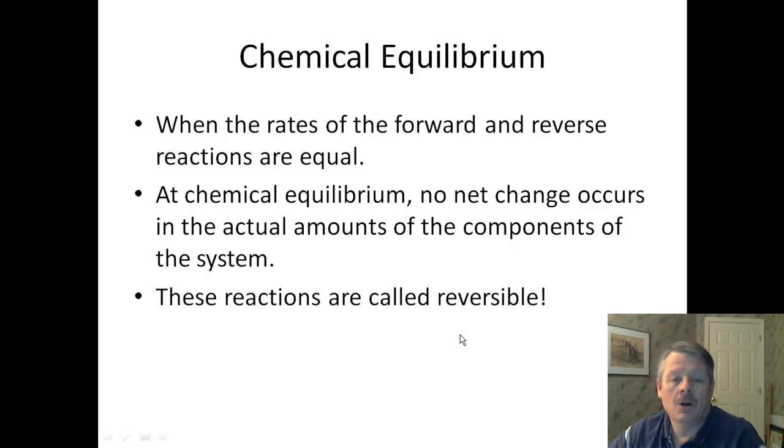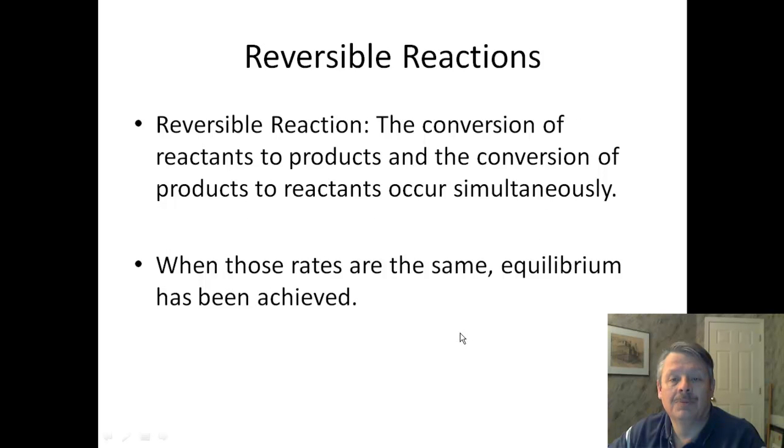Now we call these reactions reversible. So a reversible reaction, you should write this down, is the conversion of reactants to products and the conversion of products to reactants, and they are occurring simultaneously. One is going this way, one is going this way. And when those rates are the same, you have achieved equilibrium.